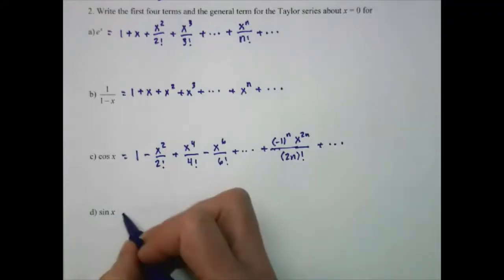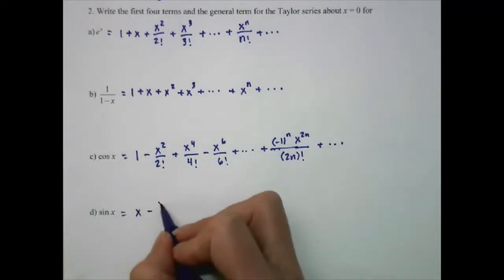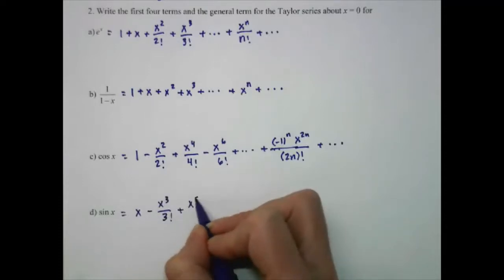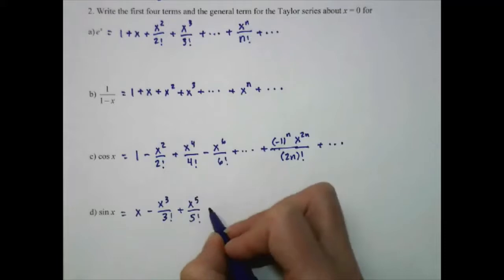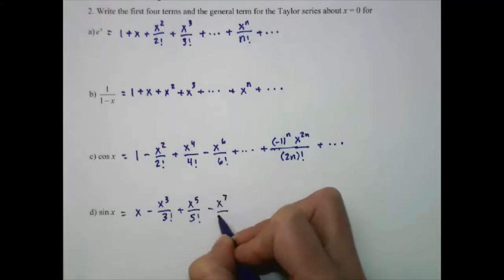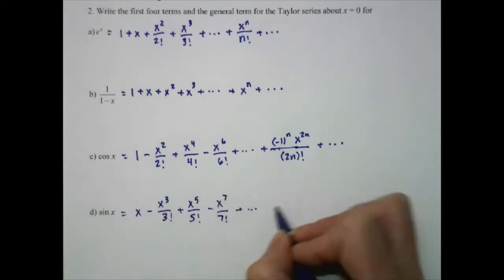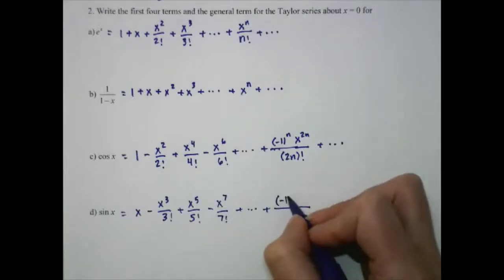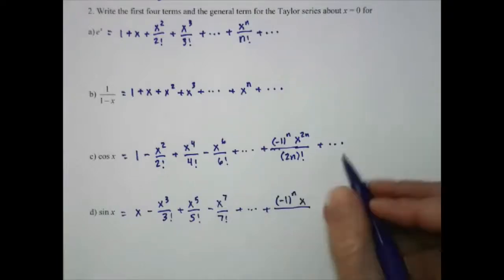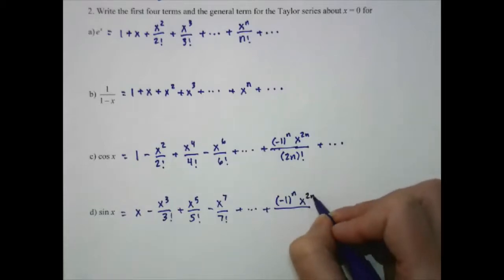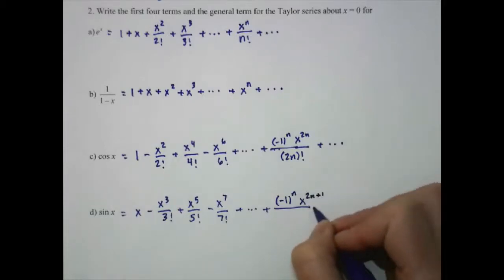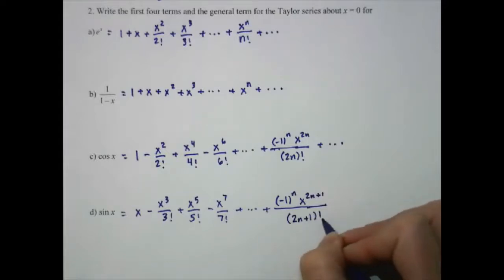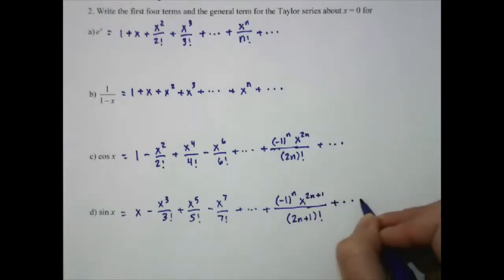Sine is our odd function. So this is going to be x minus x cubed over 3 factorial plus x to the 5th over 5 factorial minus x to the 7th over 7 factorial. Our general term is going to be -1 to the n, x to the 2n plus 1 over 2n plus 1 factorial plus dot dot dot.